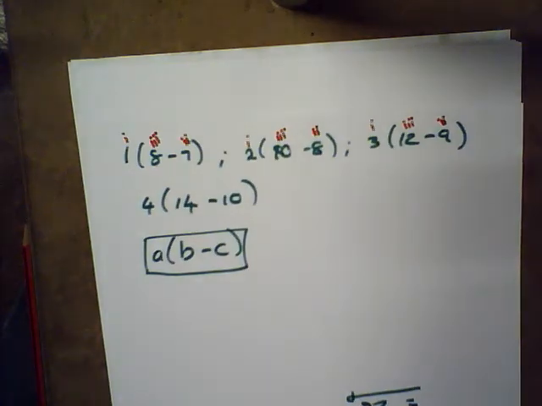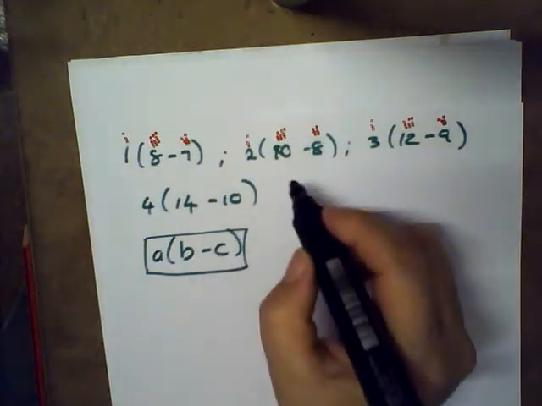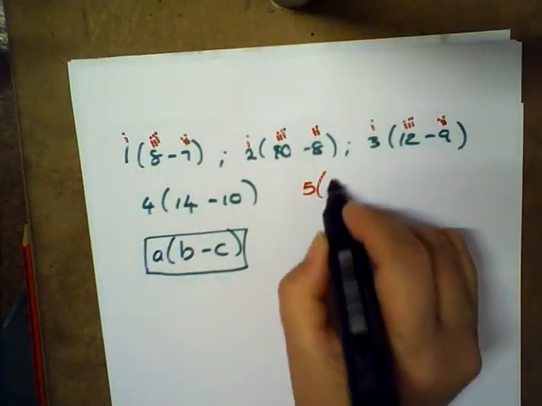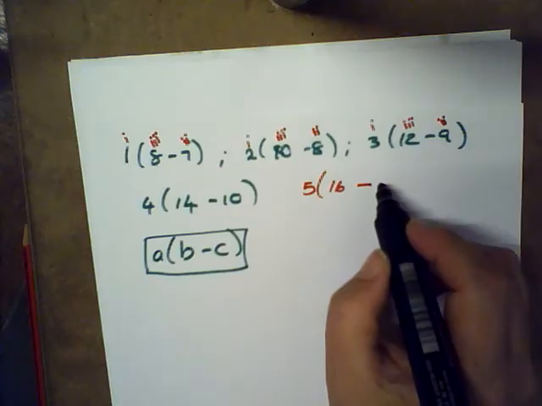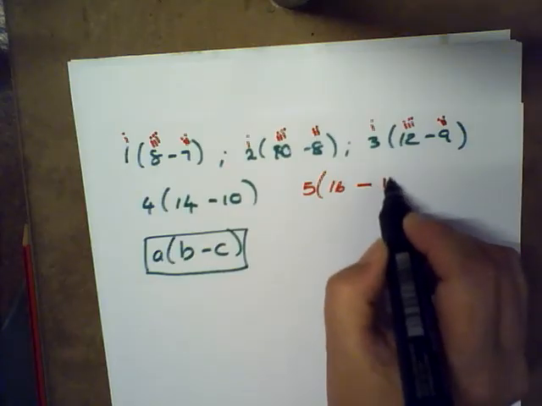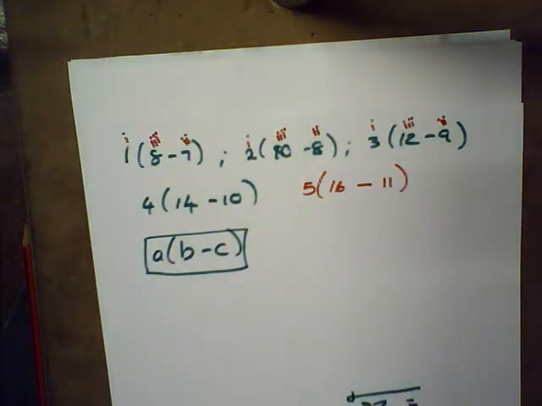Okay, so the next term in that sequence will just be 5, 16 minus 11. Just the next term.